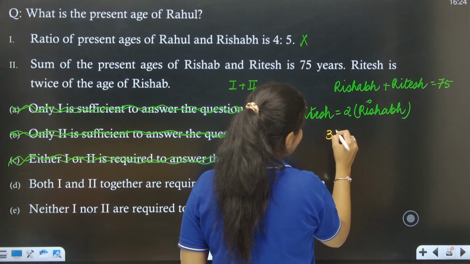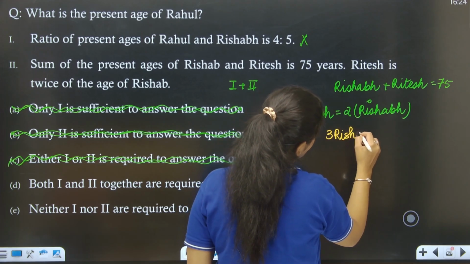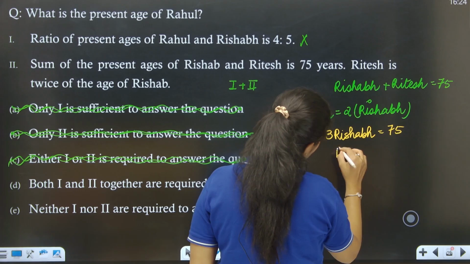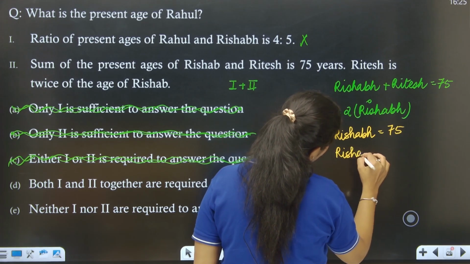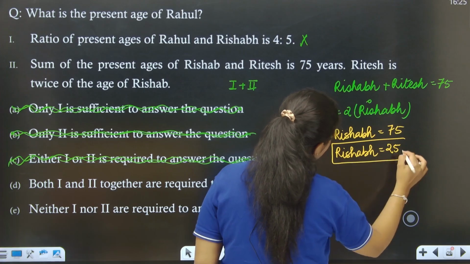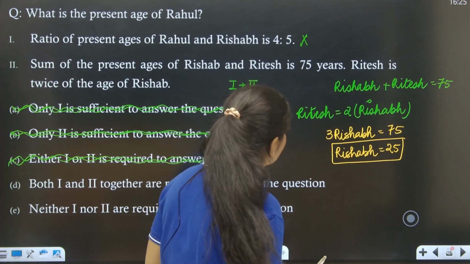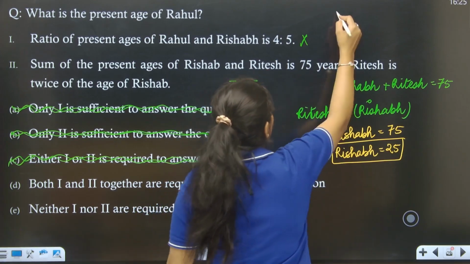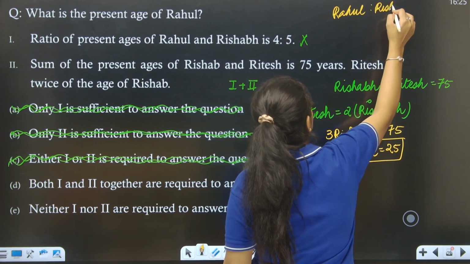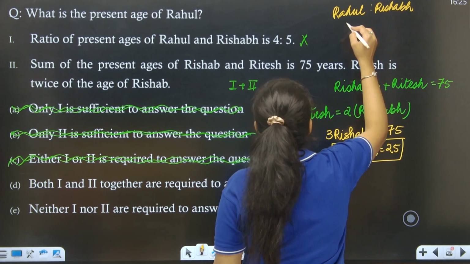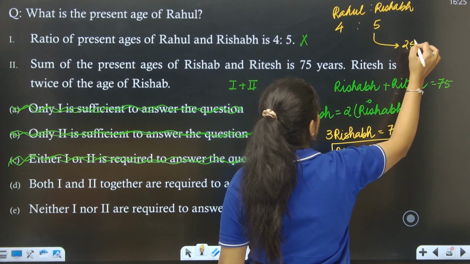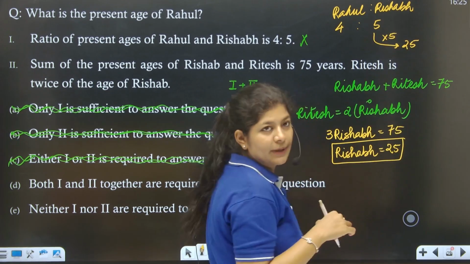Basically we can say that 3 times Rishabh's age is equal to 75. The age of Rishabh is nothing but 25. If the age of Rishabh is 25, and we have a ratio between Rahul and Rishabh as 4 to 5, and this value of 5 is nothing but 25, that means it is a multiple of 5.